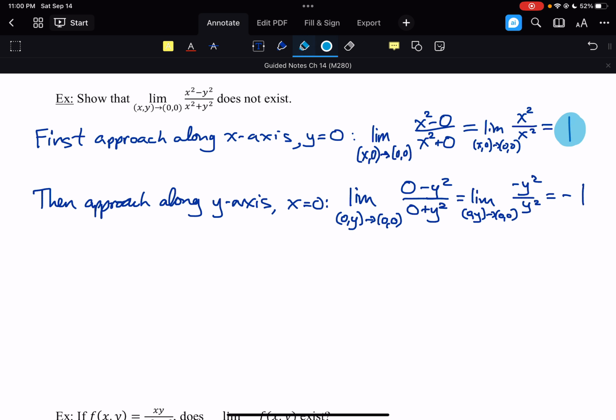So as we approach along the x-axis, our outputs are heading towards 1. As we approach along the y-axis, our outputs are heading towards negative 1. So they're not going to the same thing as we come at it from two different directions.